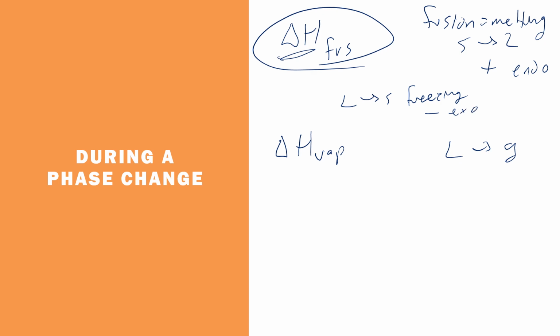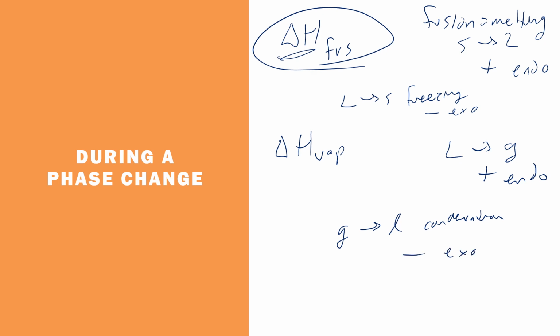You have to get rid of some heat to get it to freeze. The same thing for heat of vaporization. Heat of vaporization is a positive value. It's endothermic to go from liquid to a gas. If I were to reverse that process, gas to liquid, that would be condensation. And it would just be the same value as the heat of vaporization, just negative because it's exothermic.